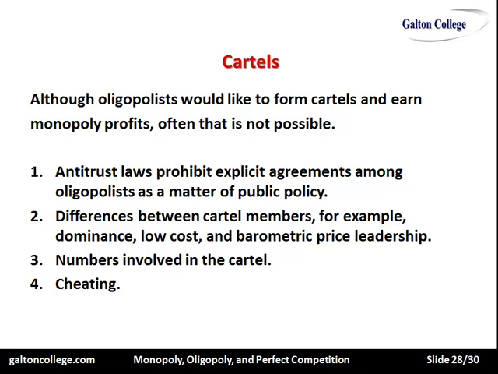This often happens in the context of oil. Oil is run by a cartel called OPEC, the Organization of Petroleum Exporting Countries. In OPEC, they sometimes agree not to step up production of oil so that the price of oil in the world market will rise. But then some countries cheat. They see the price rising and they step up production. So cheating is something which can wreck a cartel.